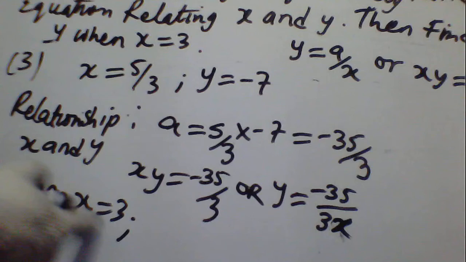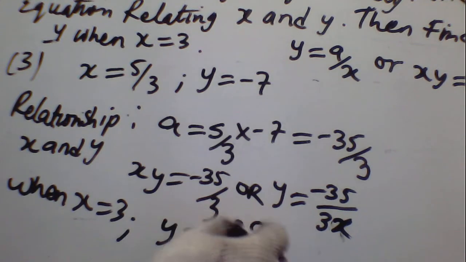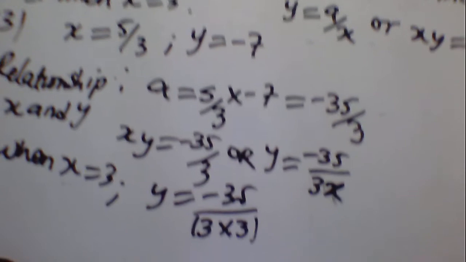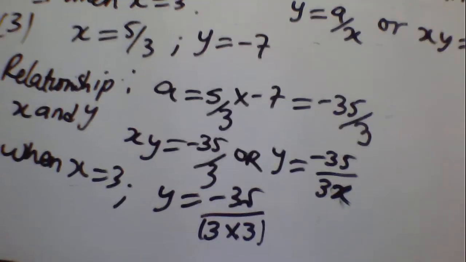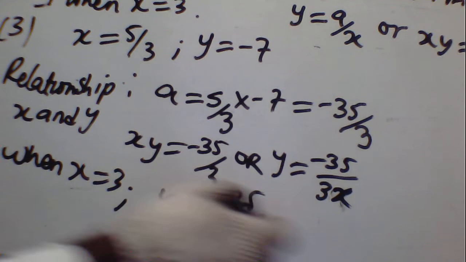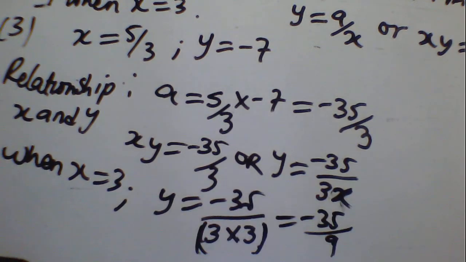So when s is 3, y is equal to minus 35 divided by 3s. s is given to be 3. So in this case, we have minus 35 divided by 9 as the value of y when s is 3.